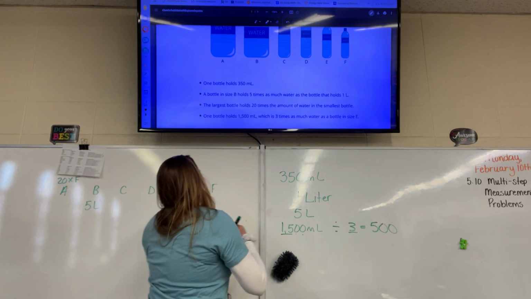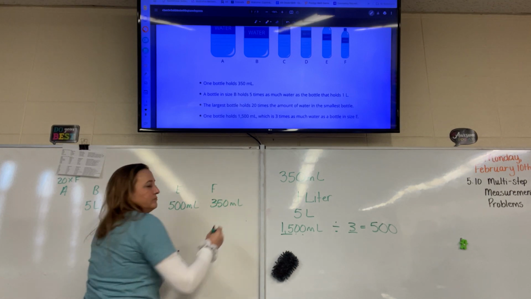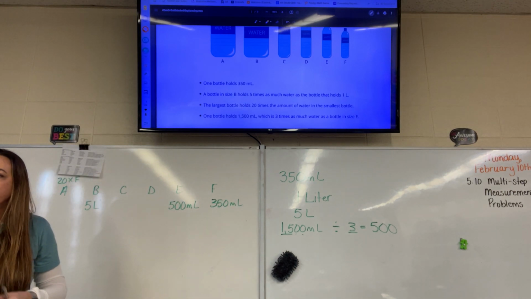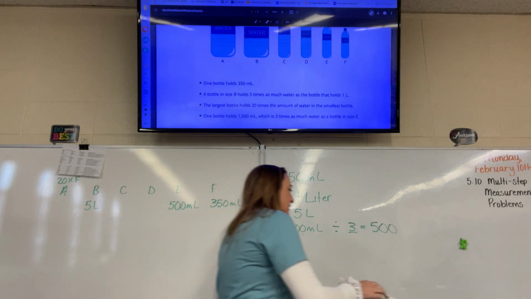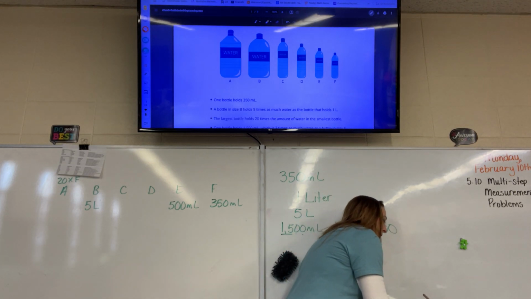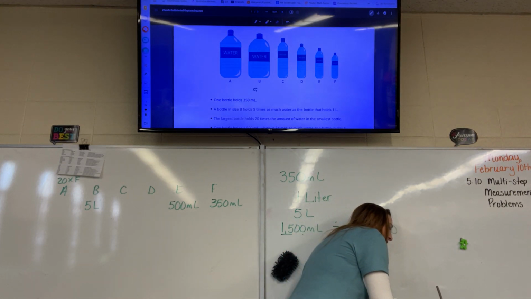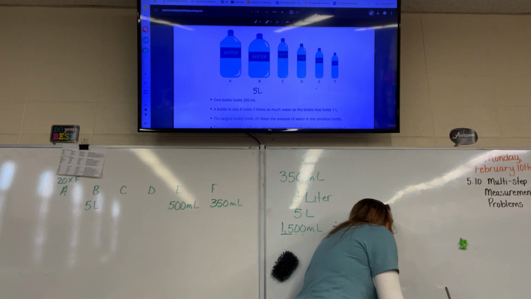And so bottle F is going to be the one with 350 milliliters. Does that make sense? Okay. So you got to look at the size of them too. So far we filled in that bottle B has 5 liters. And bottle E is 500 milliliters. And bottle F is 350 milliliters.